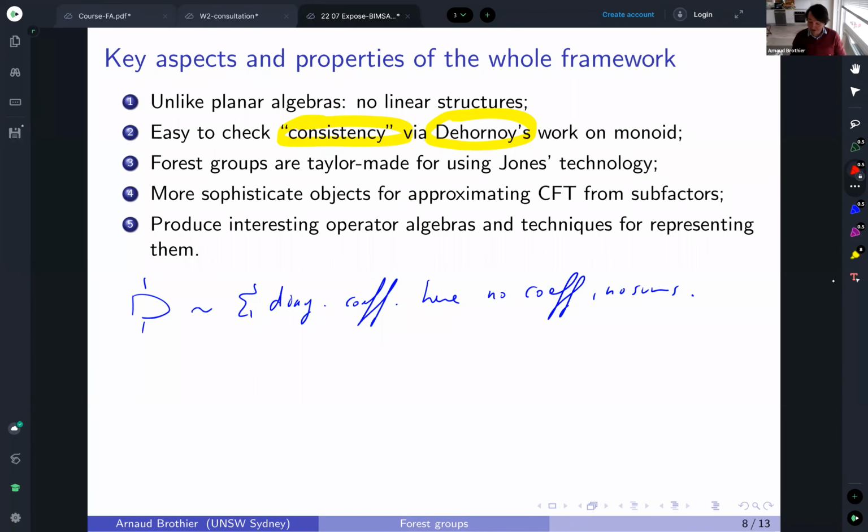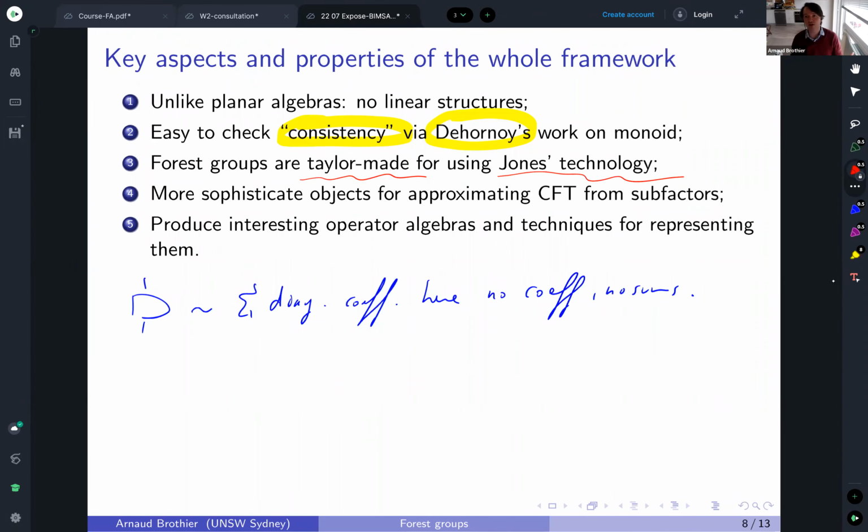Okay, so the third thing, and that's one of the main motivations, of course, is that the groups made from these categories are tailor-made for using Jones technology. It means that I can easily build functors from these categories, and these functors will give me unitary representations of my group or actions on compact spaces, whatever.